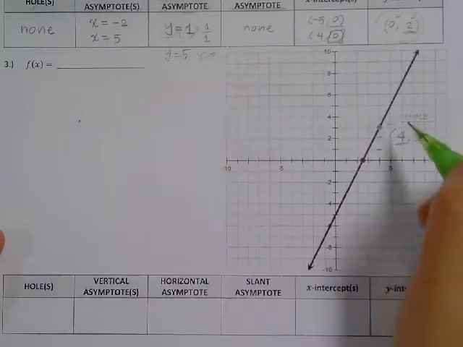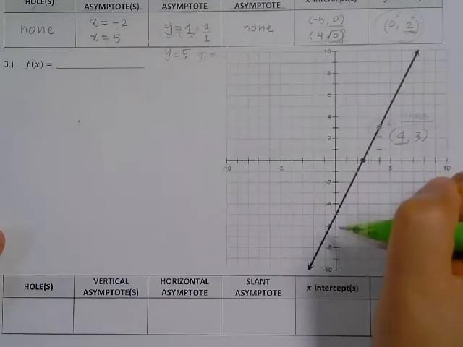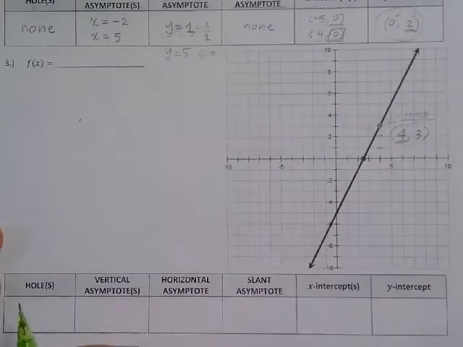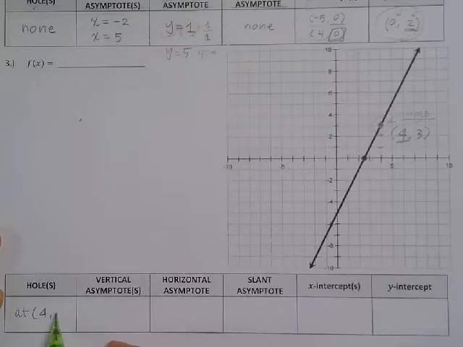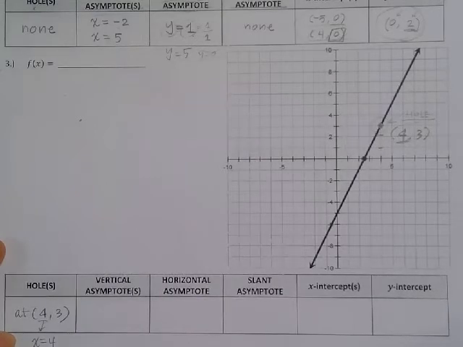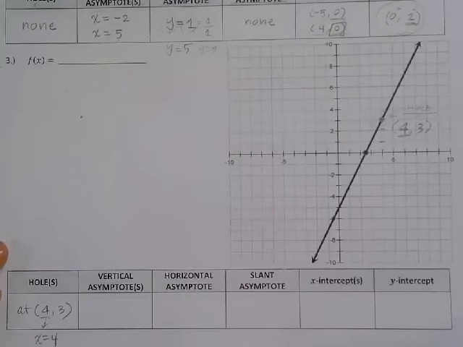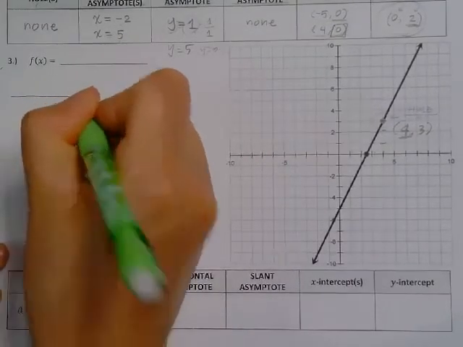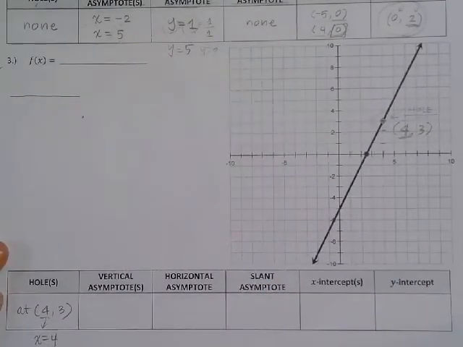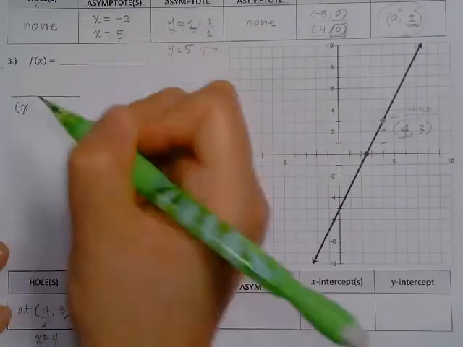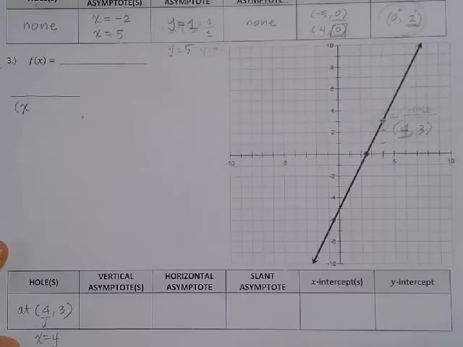So then, the hole on this straight line is at 4, 3. Then the x coordinate of the ordered pair is 4. So then, the common factor that we are supposed to have earlier somewhere in the equation should be a factor with parenthesis x, this is positive 4.